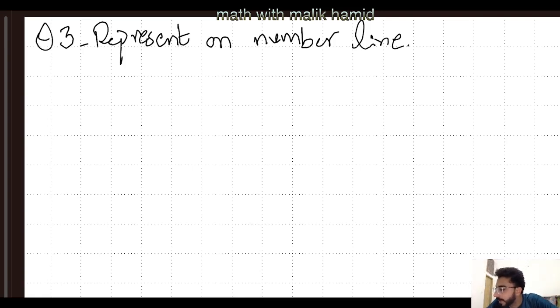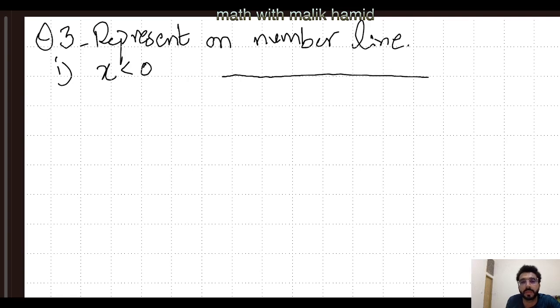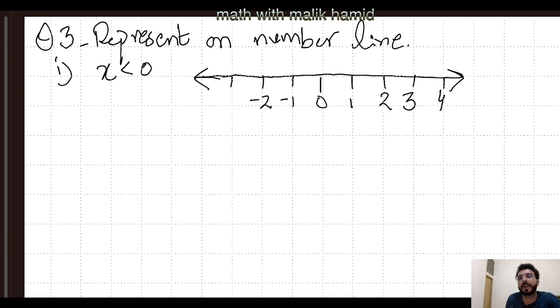The first part is x is less than 0. Simple. You draw a number line. It is 0, 1, 2, 3, 4, and -1, -2, -3, and onward.